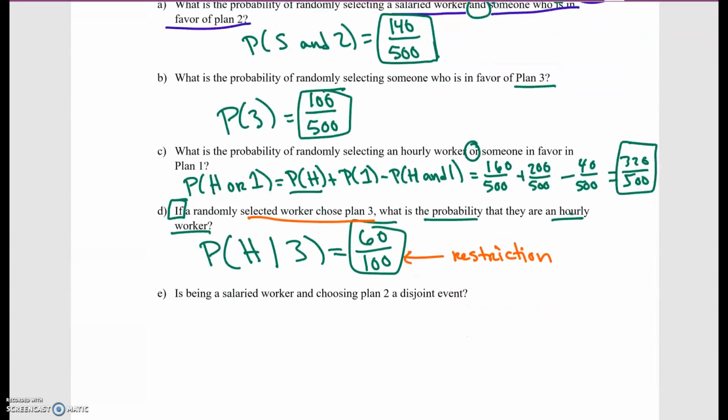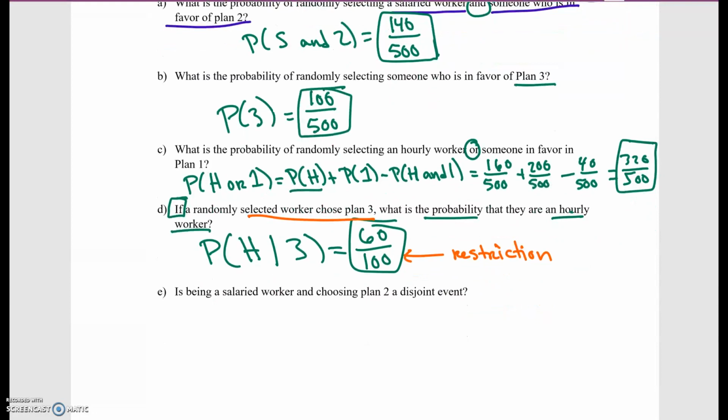And then part E: is being salaried and choosing plan 2 a disjoint event? If you remember, a disjoint event means that these two events cannot occur at the same time. Here, can you have someone who is salaried and chose plan 2?